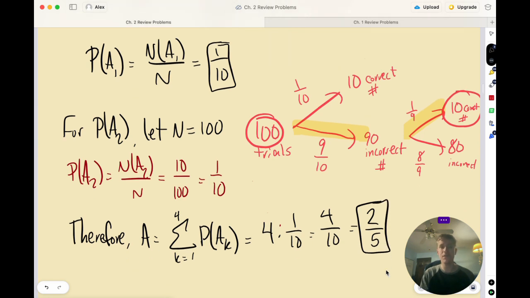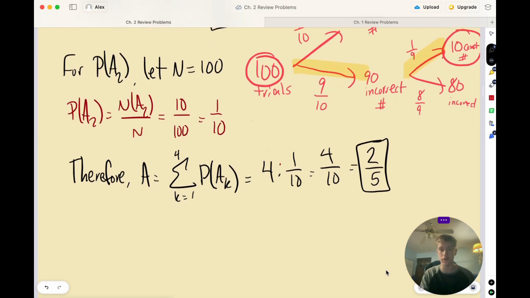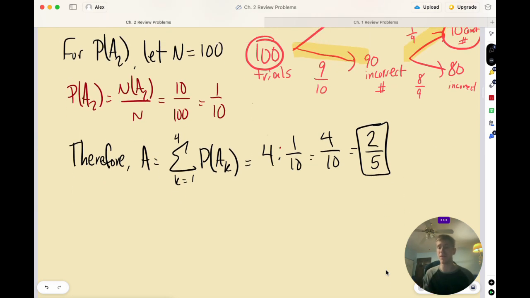Okay, and if the person knew in advance that the last digit was even, that eliminates half the total sample space. So capital N gets cut in half. Well, what happens when you divide something by a half? You really multiply by 2.